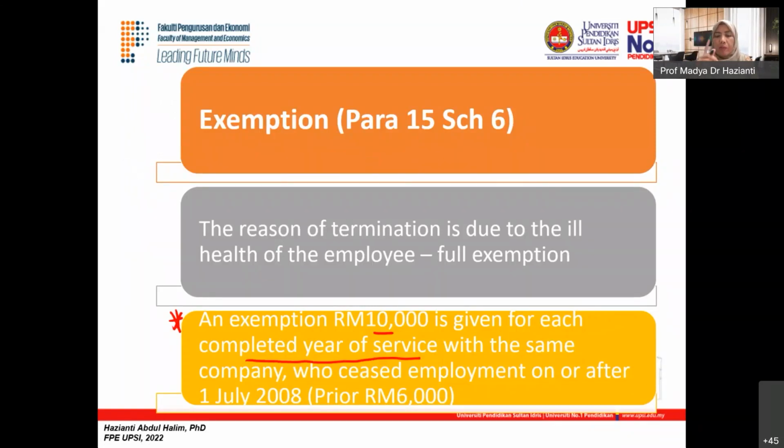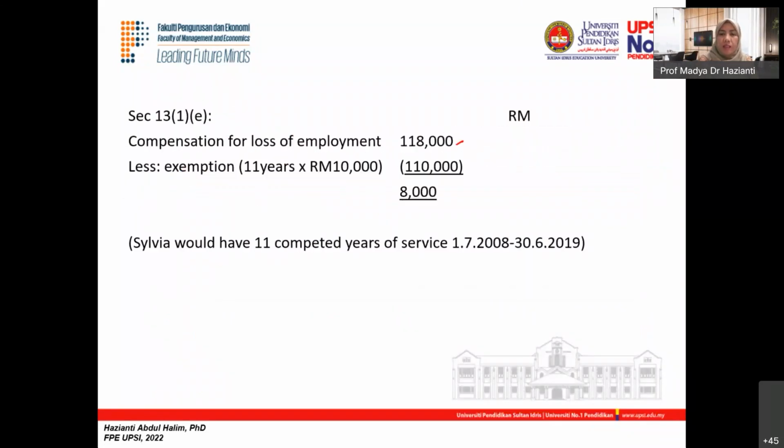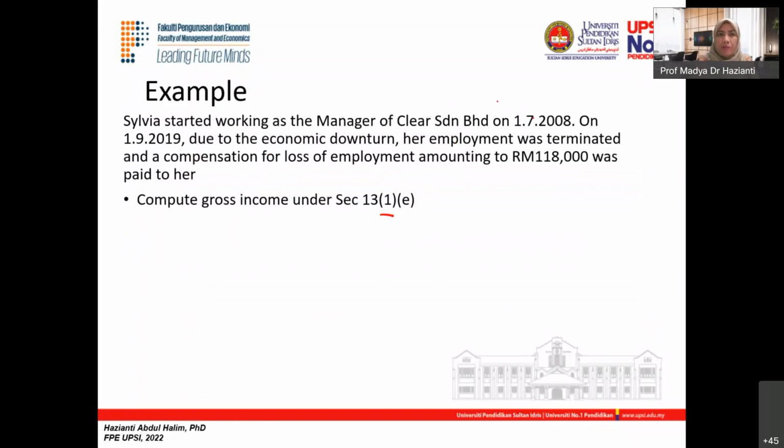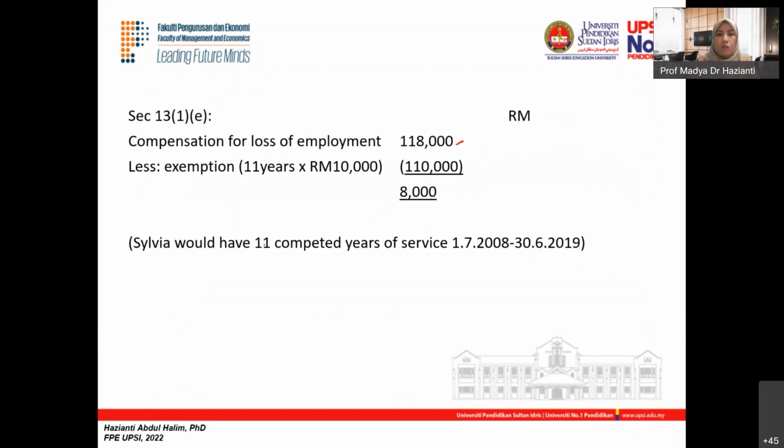Kena cukup 1 tahun dapat 10,000. So here, in this case, dia kerja, tengok date Julai sampai September 2019. Right, so 11 years of service. 11 completed years RM10,000. So jadilah 110,000, dia dapat 118,000, dapat exemption 110,000. So the gross income dia 8,000. Yang ni yang kena bayar tax.